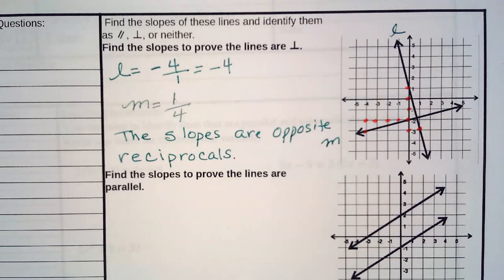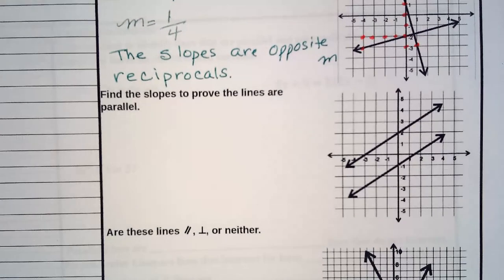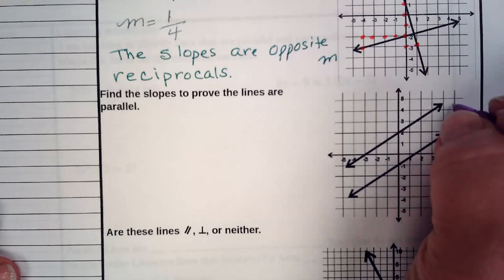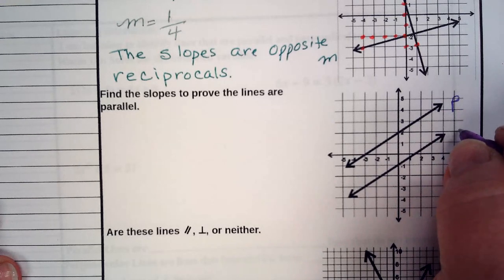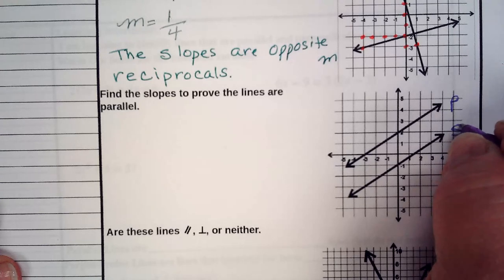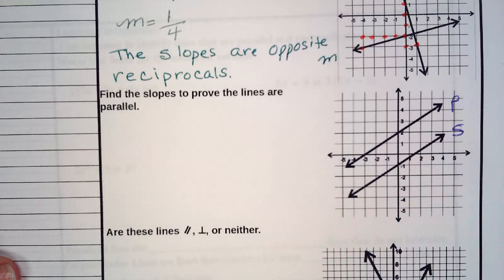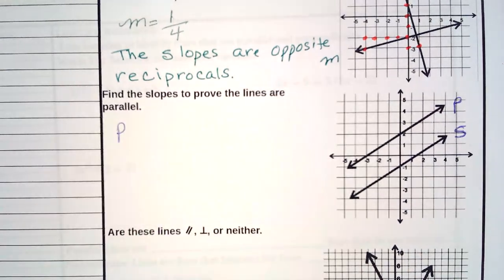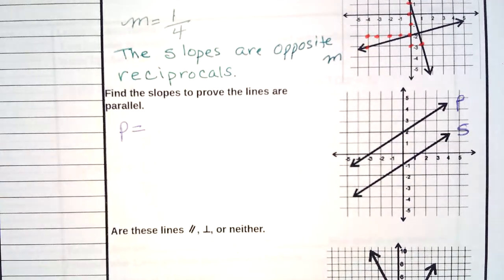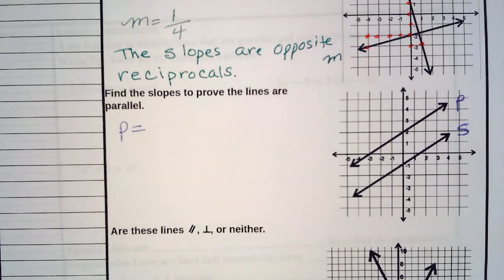Okay, what about parallel? Parallel means that we are looking for the same slope. So I need to identify my lines again. I'm going to call this line P and this line S. So for my slope for P, I notice that both of them are positive.